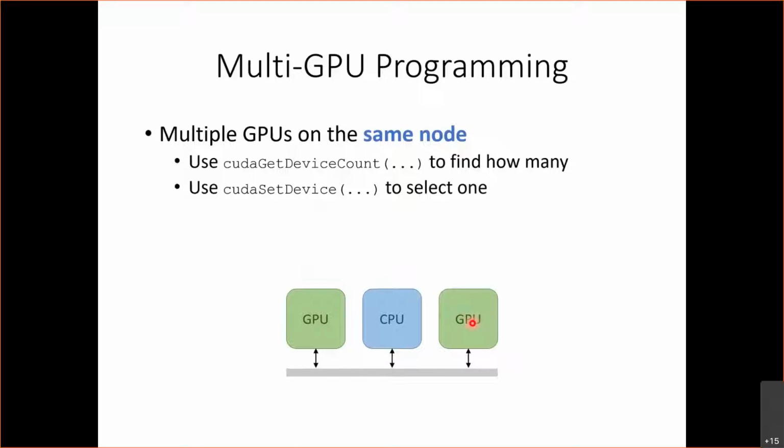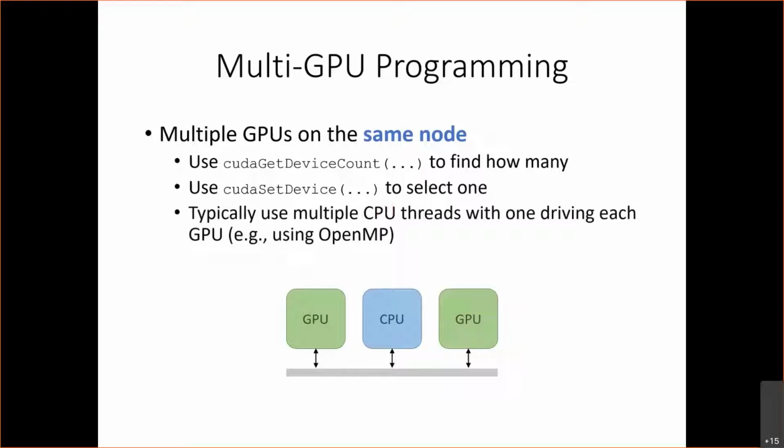Now, typically, when we use multiple GPUs on a single CPU, we also use multiple CPU threads, with each CPU thread being responsible for operating one of the GPUs, or calling kernels or copies or whatever for one of the GPUs.